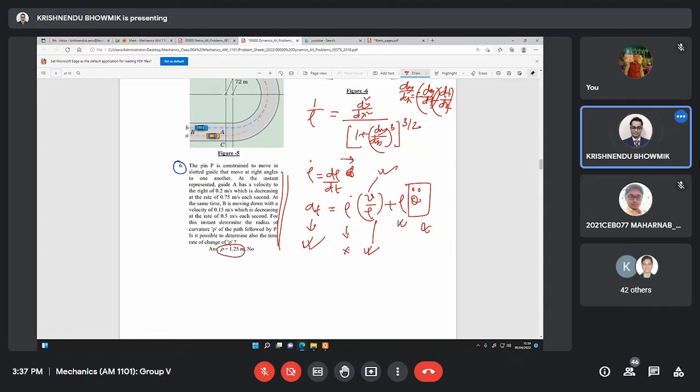Not possible. And what we did to solve this, basically on that day we calculated some an value. It came just 0.05 meter per second square.